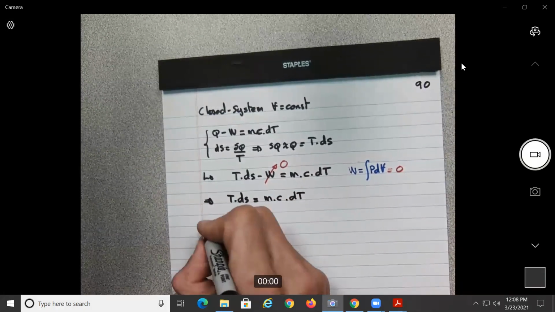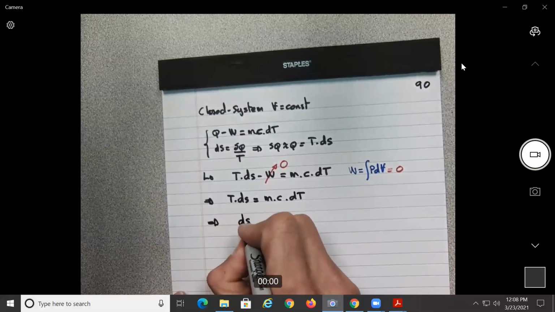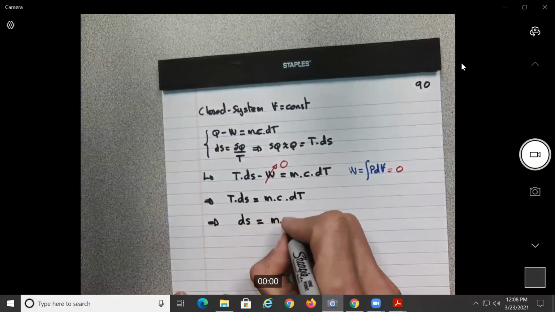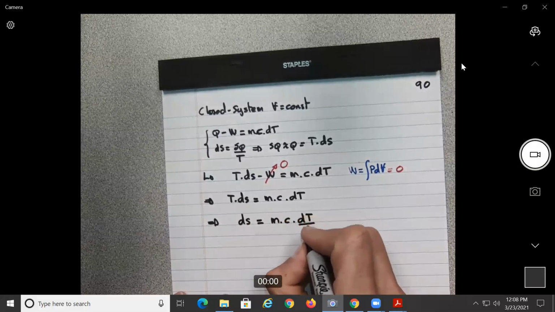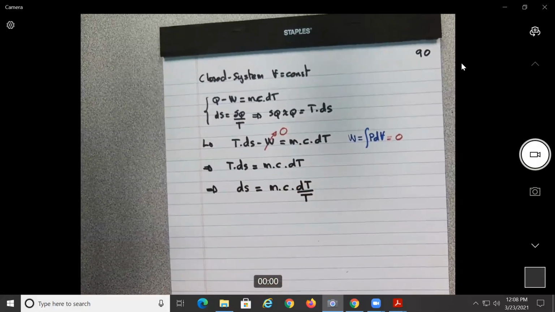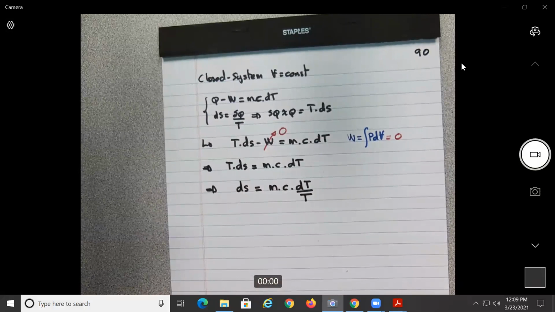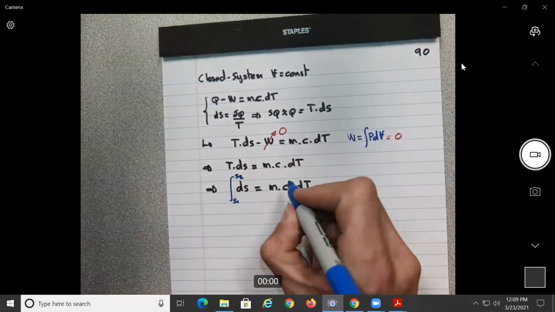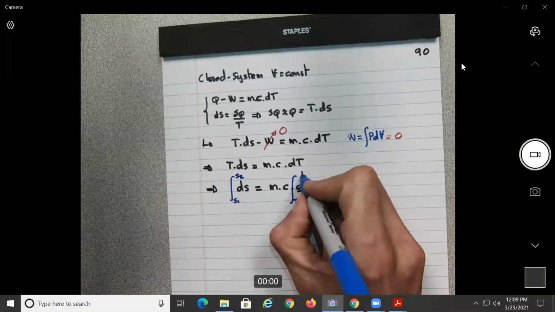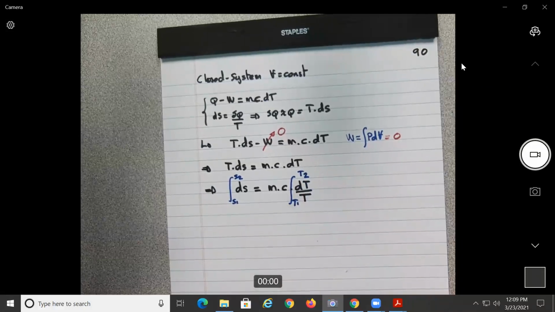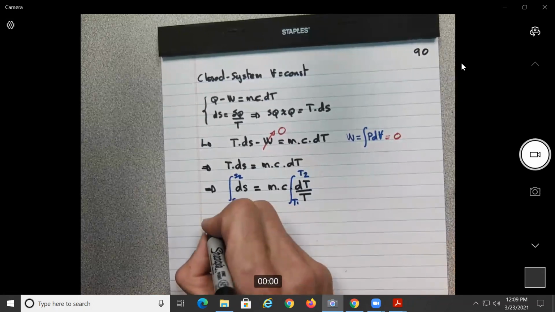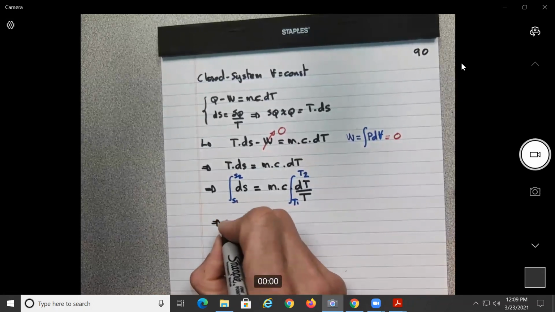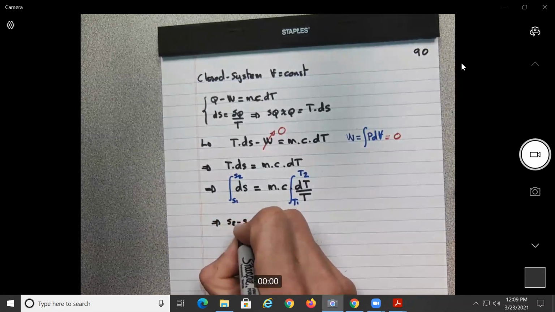Now, if I divide both sides by T, what do I get? dS equal to M C dT over T. If I integrate, let's say between S1 and S2, and between T1 and T2, we get S2 minus S1.